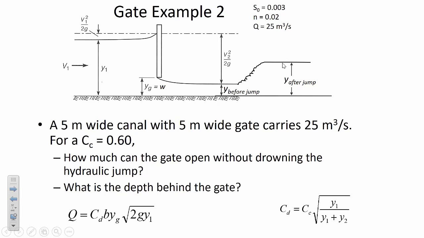The coefficient of contraction is Y before divided by W, and so W is Y before divided by the coefficient of contraction. So just do this first bullet point, and then I'll illustrate how you can find the depth behind the gate. That's where we will use the definition of coefficient of discharge for that one.